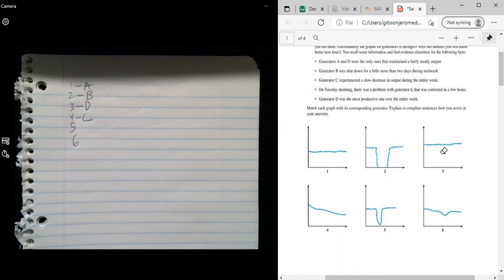If we look here on the next bullet point, it says on Tuesday morning, there was a problem with generator E that was corrected in a few hours. Typically when there's a problem, there's a significant dip in production. It's not necessarily a shutdown, but it's a significant decrease in production.